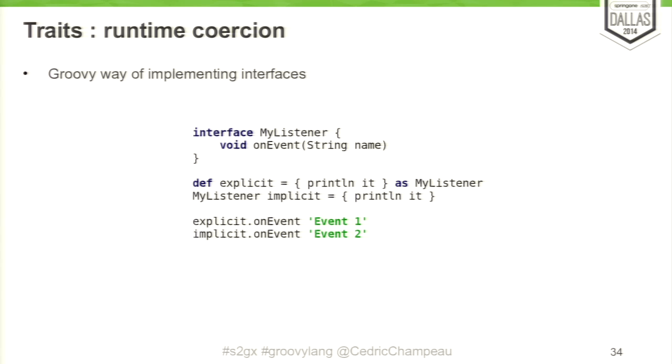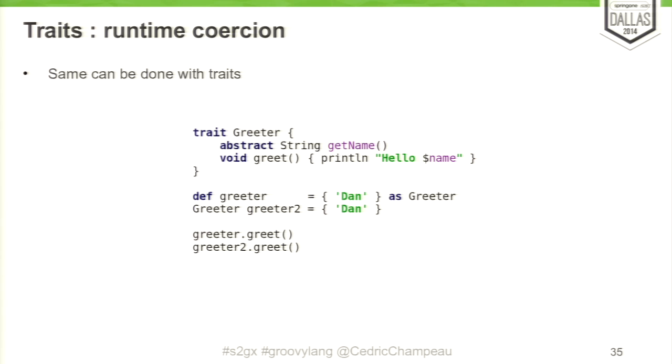The good thing is that you can do the same for traits, actually. So at runtime, you can have a greeter with the method greet, the abstract method, and what I do here is just defining the missing method. There's a single abstract method, the famous single abstract method type.